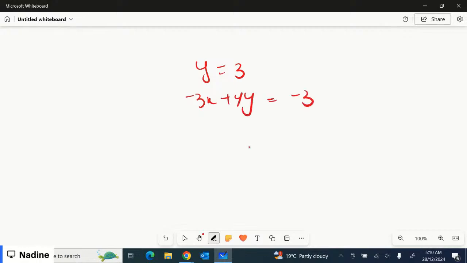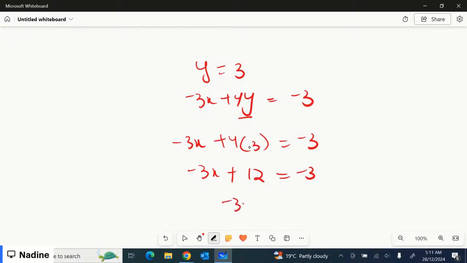Replace y with 3: negative 3x plus 4 times 3 equals negative 3. That is negative 3x plus 12 equals negative 3. Move 12 to the other side: negative 3x equals negative 3 minus 12, so negative 3x equals negative 15. x equals 5. So the correct option is x equals 5 and y equals 3.